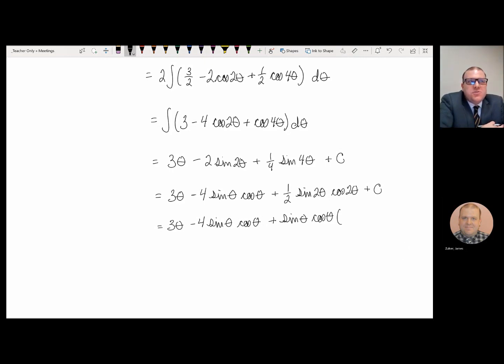We have to pick one for cosine of 2 theta. I'm going to stick with 1 minus 2 sine squared. I think it's that. Yeah, because it'd be 2 cosine squared minus 1, right? And then the other one's 1 minus 2 sine squared, just to make it look like the sine reduction.